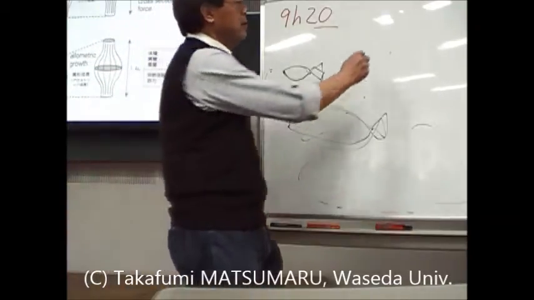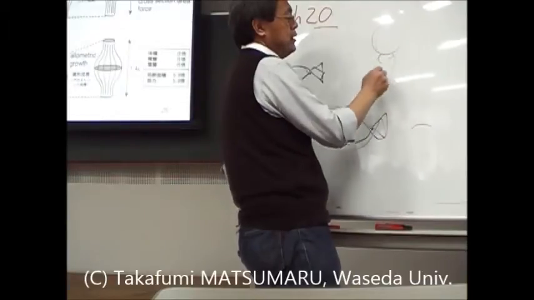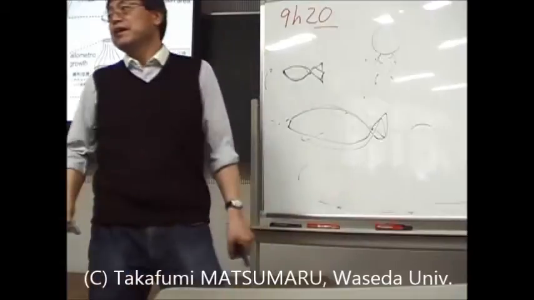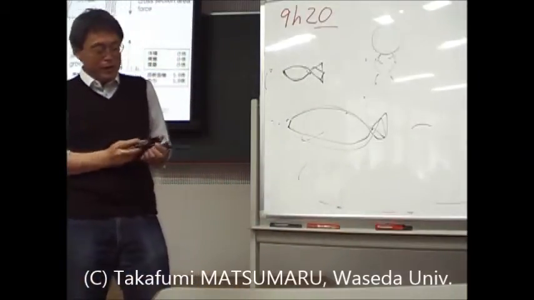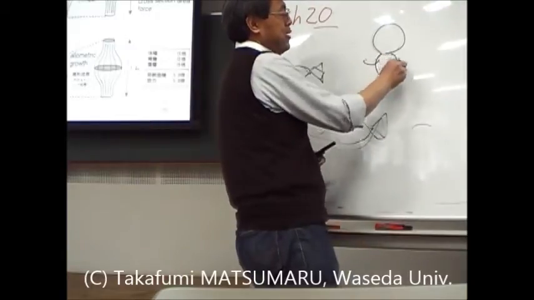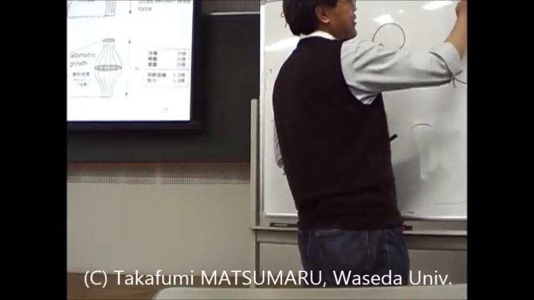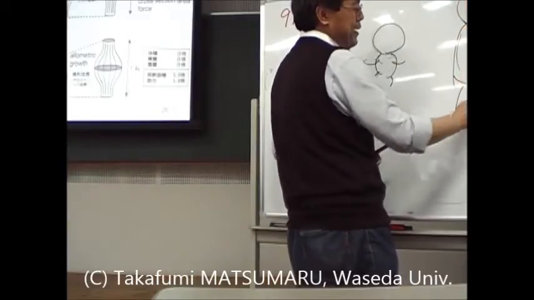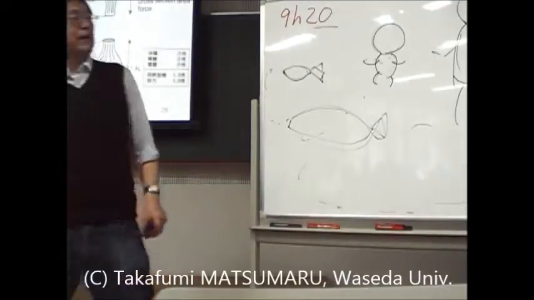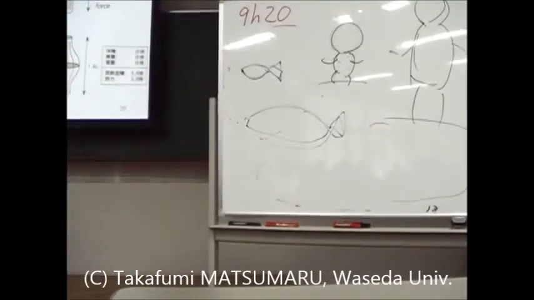But a human baby has a large head, maybe. Yes, but maybe your ideal body shape is that the small head is better. Maybe you think? You think? Like this. So not the same shape.